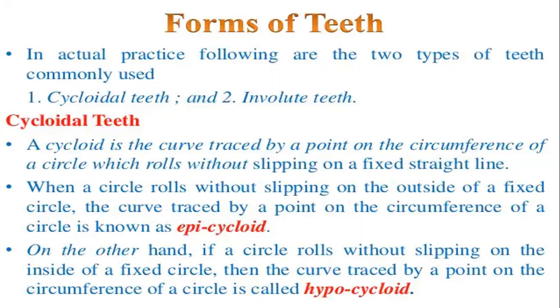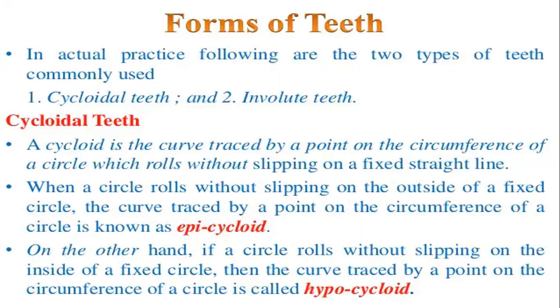So these are the two types of cycloidal teeth: the first one is the epicycloid and the second one is the hypocycloid.